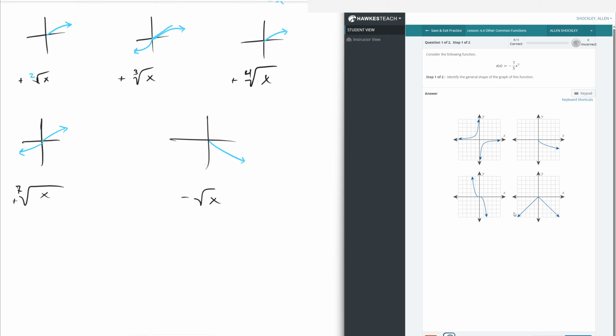Right side goes down, right side goes down, right side goes down, and my right side is down. And then all we're going to look for is this part right here, which is x to the third. Well, this one is just a root. This is an absolute value because these lines are perfectly straight. While it doesn't loop exactly, this right here is going to be our negative x to the third.